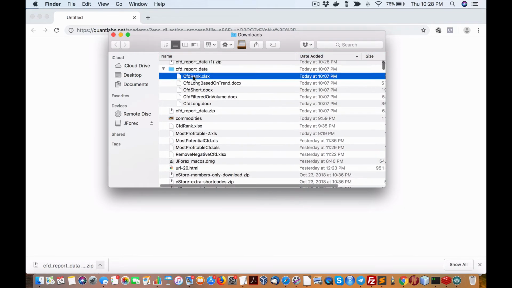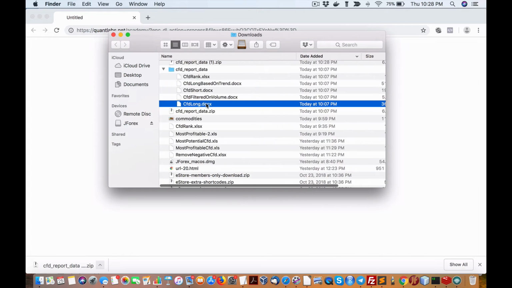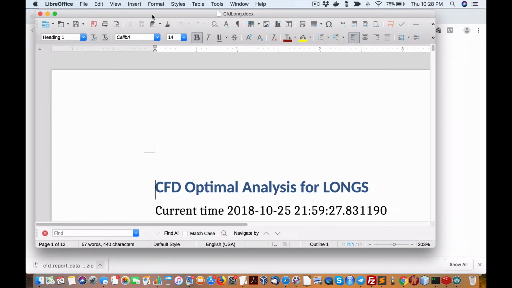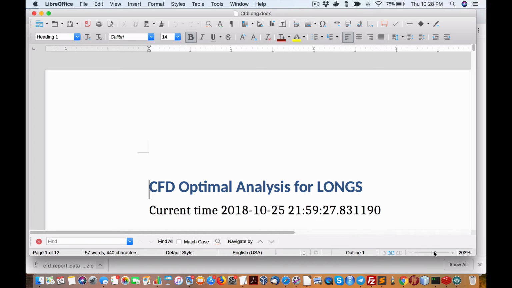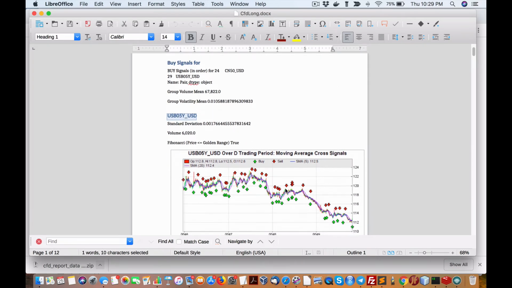So as an example, we have here the filtering by long. These are long views of what to maybe potentially trade as a buying opportunity. And again, here we have the US 5-year bond. Here's some signals.